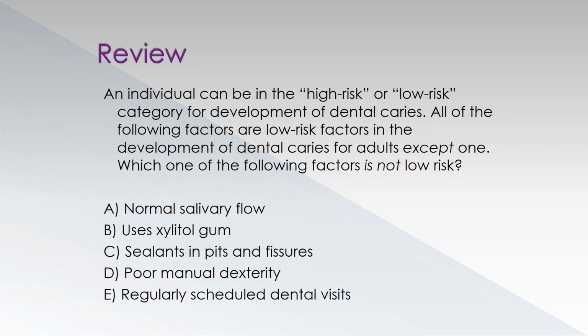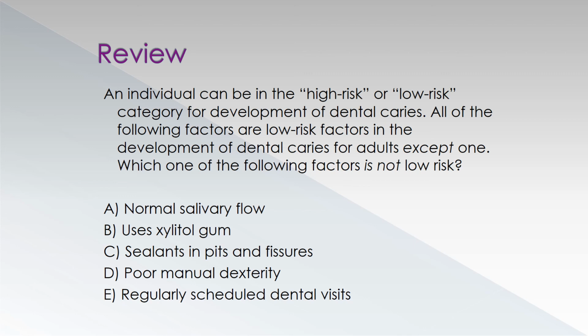An individual can be in the high risk or low risk category for development of dental caries. All of the following factors are low risk factors in the development of dental caries for adults, except one. Which one of the following is the exception, is not low risk?